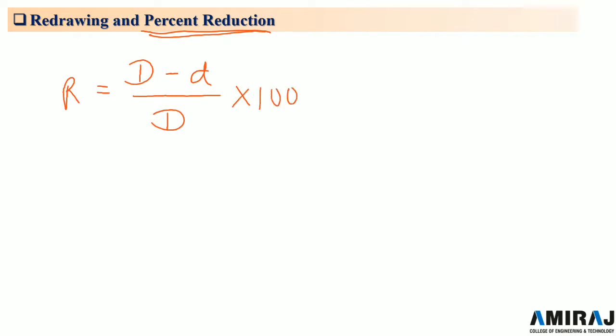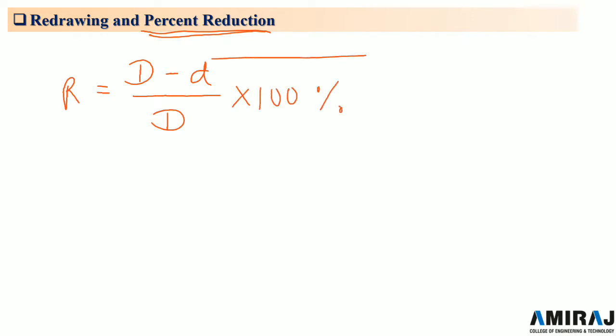If capital D is the blank diameter and small d is the shell diameter, as we discussed in the previous theory, percentage reduction in drawing operation may be defined as capital R, percentage reduction, equal to capital D, which is the diameter of our blank, minus small d, our shell diameter, divided by capital D, again the blank diameter, into 100. So we will get the answer.